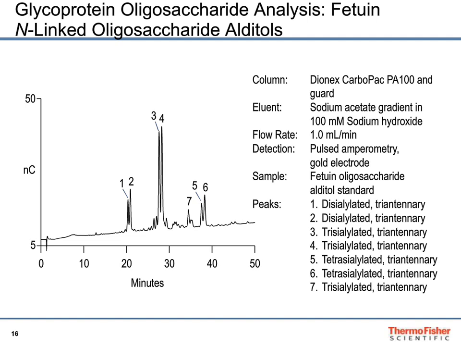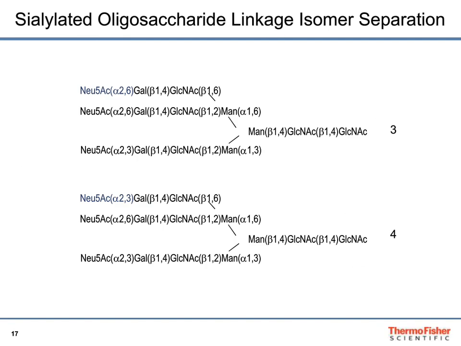What I want to call your attention to are specifically peaks 3 and 4, which are major peaks. Before HPAE-PAD came along, these two peaks had never been separated. And what these peaks are, we'll see in the next slide, are these two structures. These are isobaric structures, meaning they have the same molecular weight. The only difference is in the sialic acid linkage on the top left-hand corner of each structure.